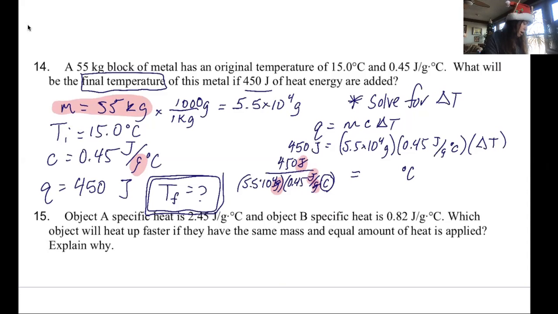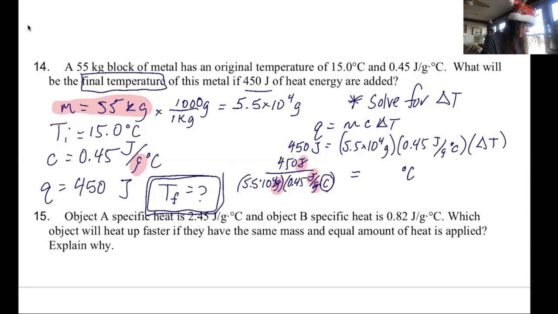450 divided by parentheses 5.5 with an exponent of 4 times 0.45 close parentheses. That does not make sense at all. It's not much heat, and that is a huge piece of metal.